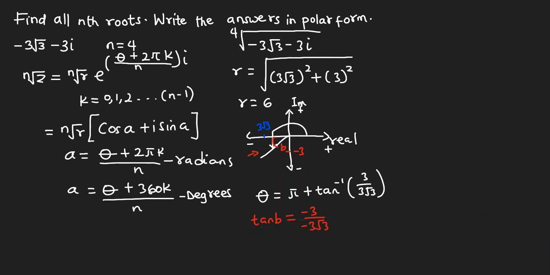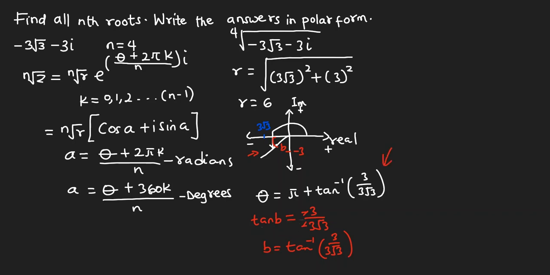So the negatives will cancel out. You're going to have B equal to the tan inverse of 3 over 3 root 3. So that's what I have here.